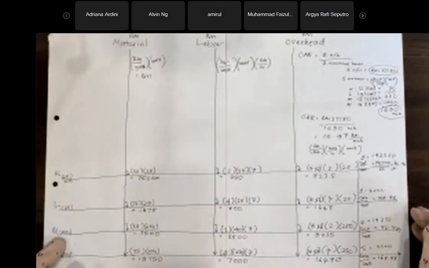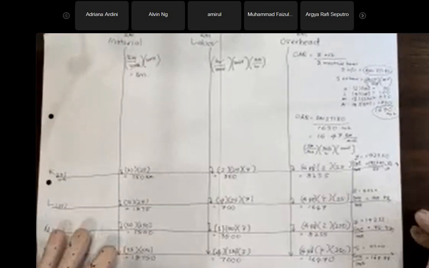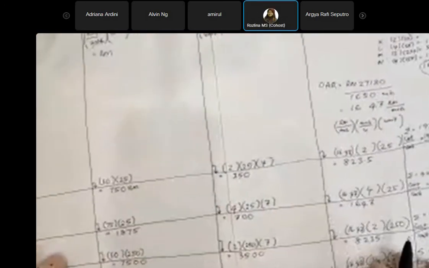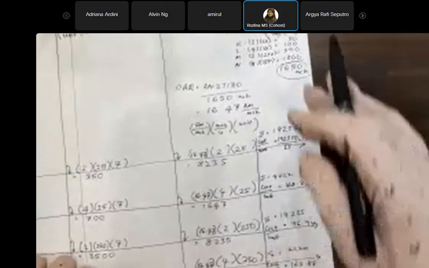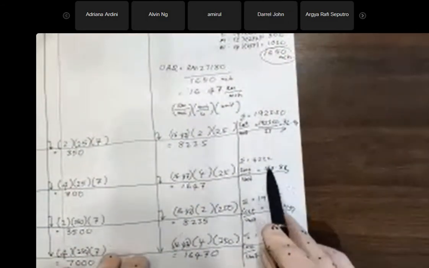Boleh. I not get the answer for total overhead product L. Total? Sorry, yang mana? Yang 4222 tu. Oh ni?